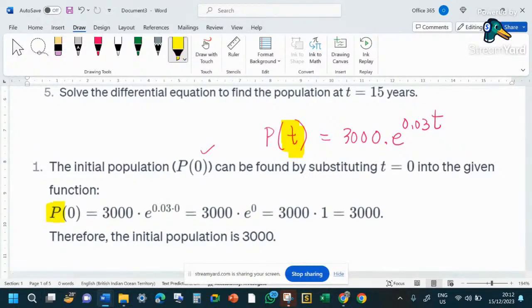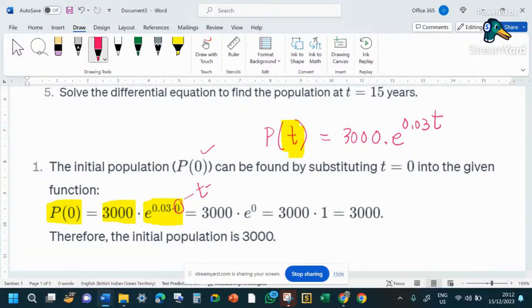So P of 0 will be 3000 times e raised to 0.03 times 0. Why 0? Because initial population will be t equal to 0.